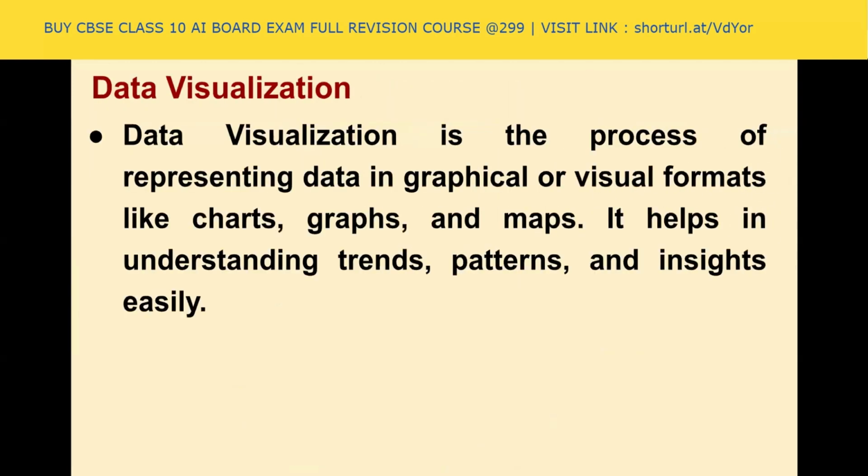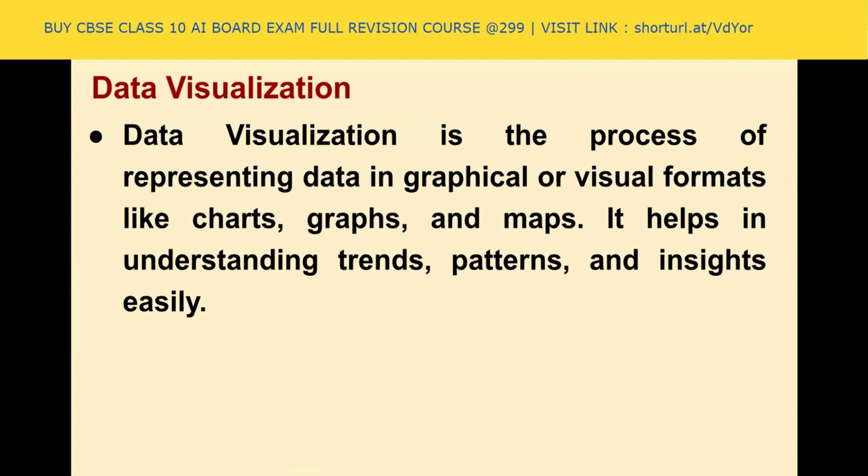Now we come to the next thing, which is very important: data visualization. Data visualization is the process of representing data in graphical and visual formats, like charts, graphs, and maps. It helps in understanding trends, patterns, and insights easily. For example, with a pie chart you can easily understand the distribution.